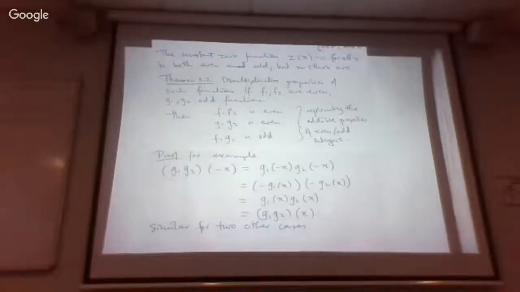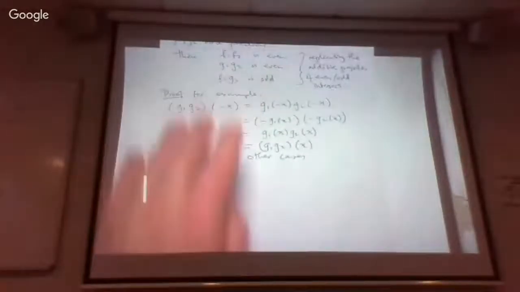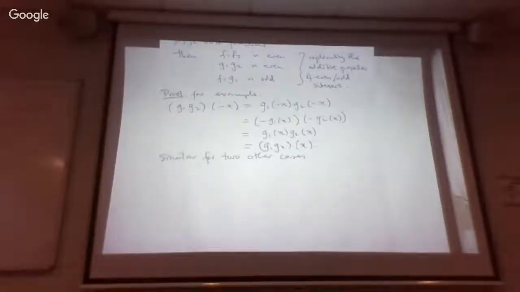Now, why are we introducing these concepts of odd and even functions? The reason is that their Fourier series have nice properties. And why their Fourier series have nice properties is, remember, Fourier series is all about integration.